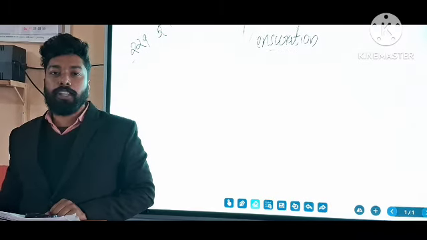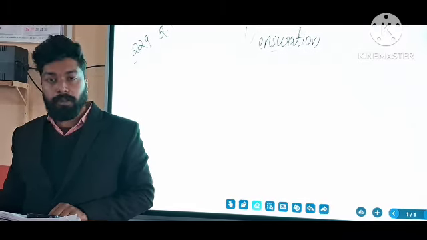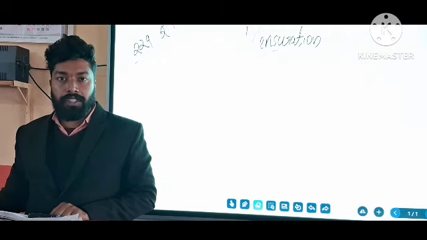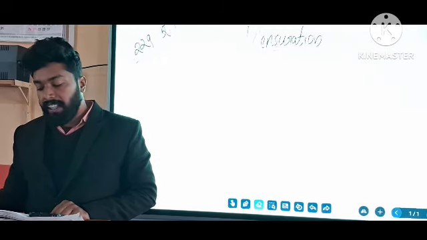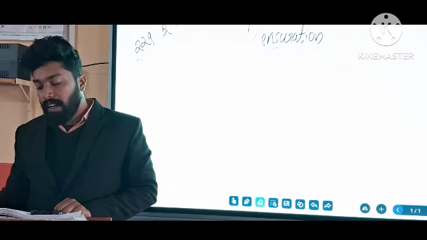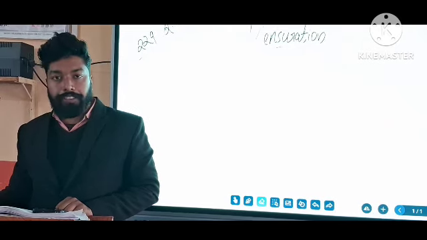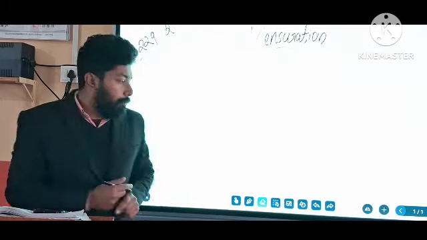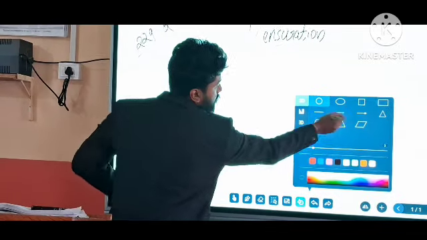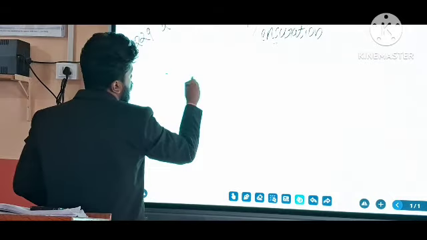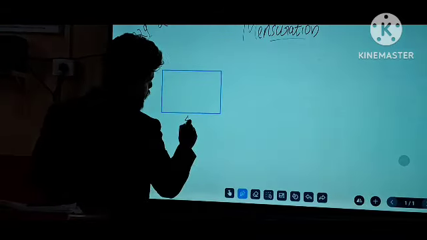So now we can go to the next question, that is question number 2 of page number 229. All of you please read the question. Find the area of a rectangular plot, one side of which is 48 meter and diagonal is 50 meter. So that is a rectangular plot. Suppose the shape of the rectangular plot is like this, and one side is 48 meter.